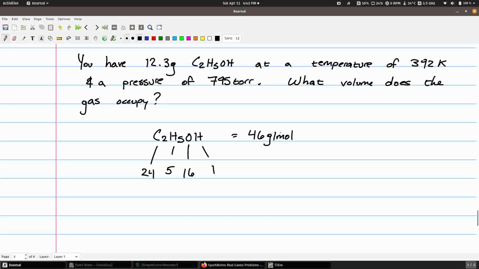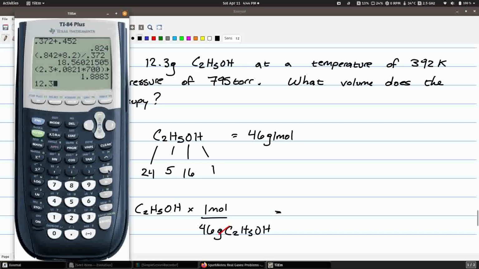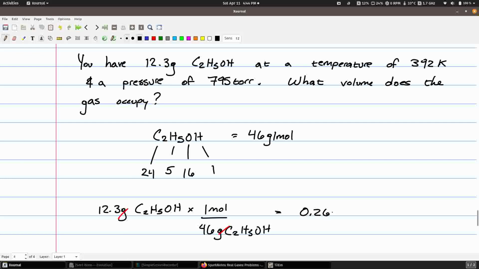So you have 46 grams per mole. 12.3 grams of C2H5OH times 1 mole over 46 grams C2H5OH. And then this will be equal to 12.3 divided by 46, and this is about 0.267 moles. Alright, so we have that much gas.